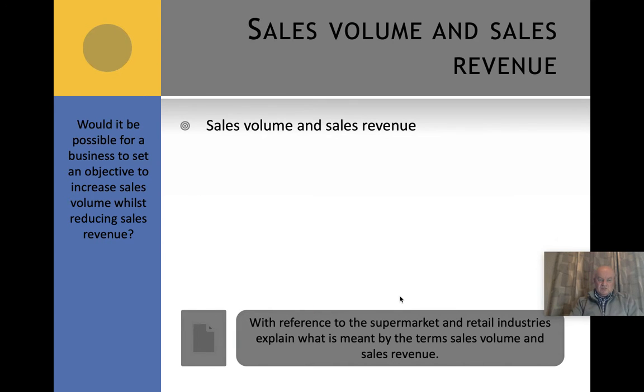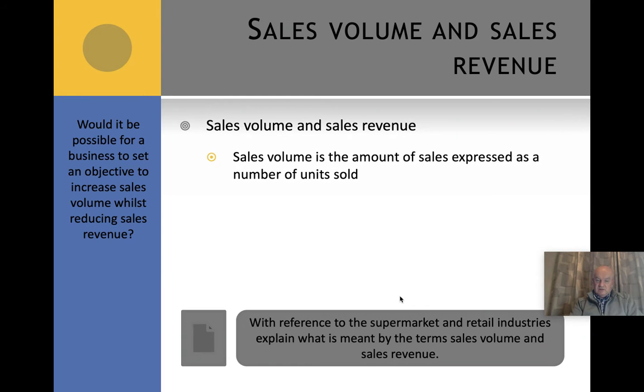And so in some cases that might well happen, dependent on what the business objective is. Okay, but more often than not, we talk about sales volume and sales revenue as one of the important principles. Okay, so let's take a look at this in a bit more detail.